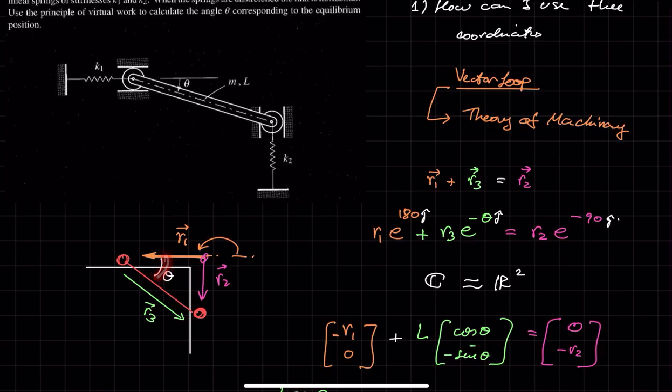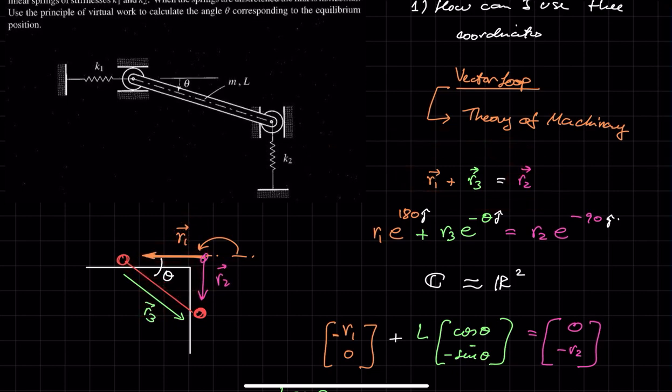Well, it's easy. I'm just going to take this vector, because I know that if this is minus theta in function of this frame, it will be very easy to understand what is happening. So I take this vector loop: R1 plus R3 is equal to R2. For me, that's very easy.